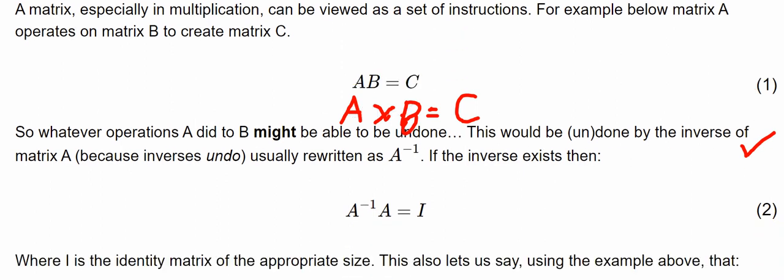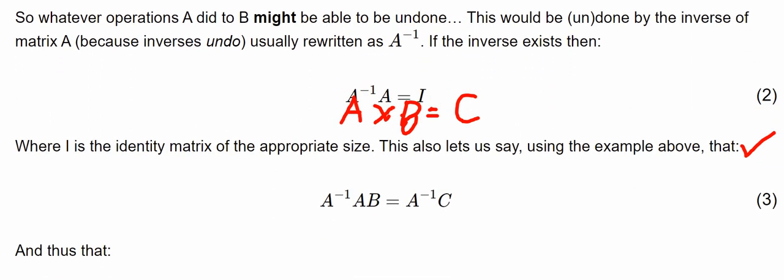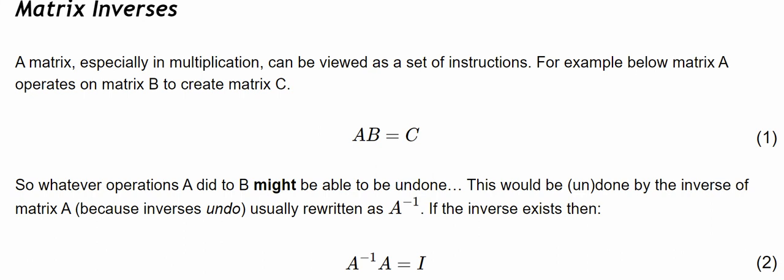The second rule that we have is that whenever we have an operation A did to B, it can be undone. Like if I have multiplication, you can reverse it by division and undo it, right? For matrices, you can also undo it by taking the inverse of the matrix. This is the undo type of thing.